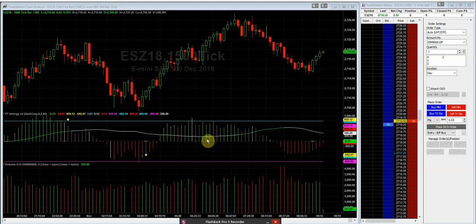So we're going to be using this proxy for volume, which is the effort oscillator, and the effort oscillator simply tells us what is going on basically inside of this volume, the normal volume bars here. As you can see, the effort oscillator has green and then red.